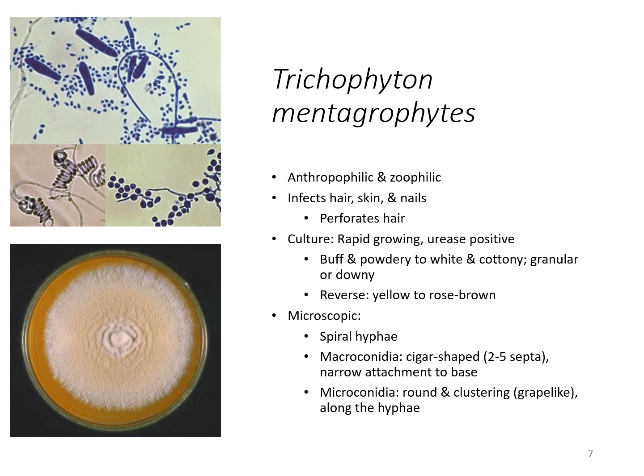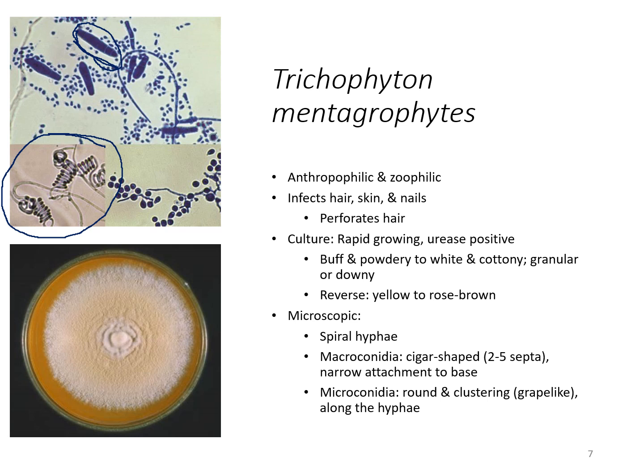For the microscopic appearance, you are looking for spiral hyphae. So up here at the top, you can see some of these hyphae that look similar to what a grapevine does, how it makes that little coil. Your macroconidia, which are your larger ones, are cigar shaped, and you can see up here at top where they're kind of elongated, cigar shaped.